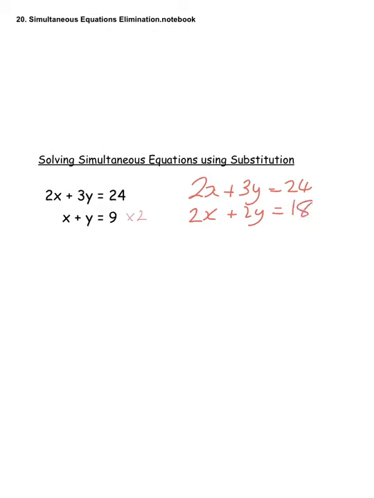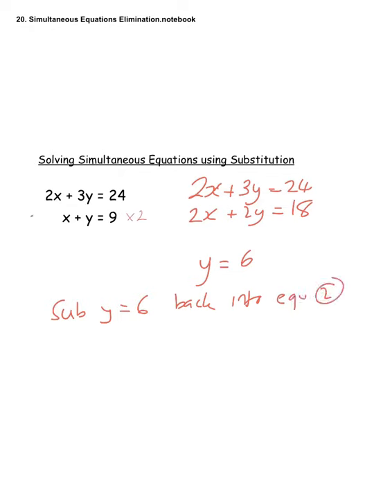Now what I can do is subtract the second equation from the first equation to cancel out the x's in both top and bottom equation. Okay, so if I do that, I get that y is equal to 6. And then at that point I can sub y equals 6 back into equation 2.